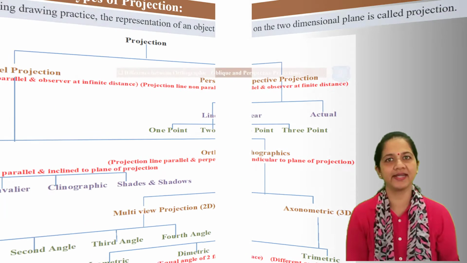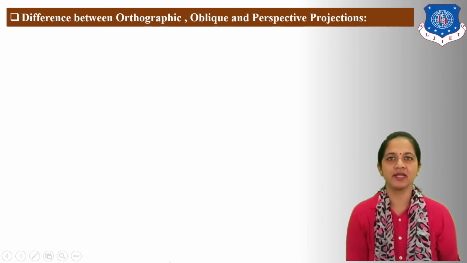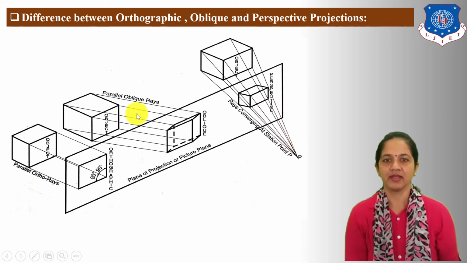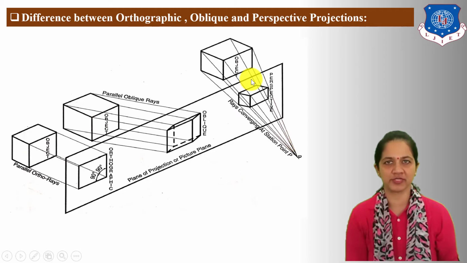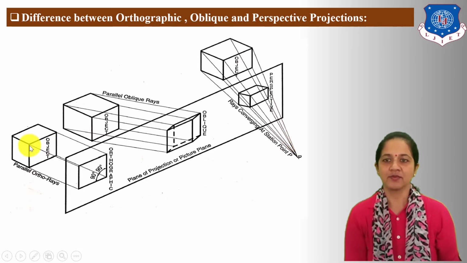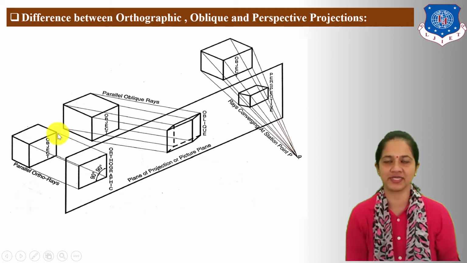Next, let us understand difference between orthographic, oblique and perspective projection. Here, orthographic, oblique and perspective projections are given. You can see here, in orthographic projection, projection lines from all corner points of the object are parallel to each other and perpendicular to plane of projection.